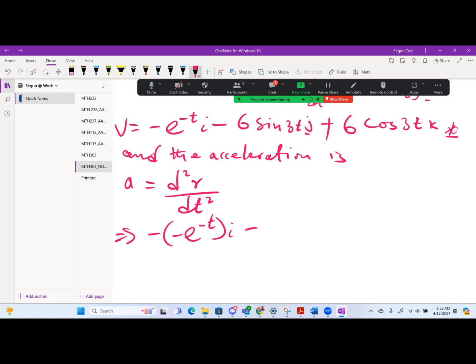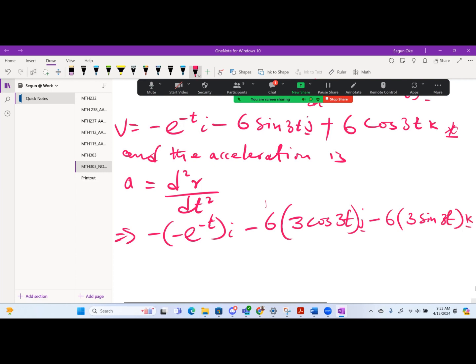It will be 3 cos 3t, making 3 multiplied by 6 give you what? 18, but I can do it this way, 6 in bracket, 3 cos 3t j, then minus 6 in bracket, 3 sine 3t k. So if you open this bracket, our a will be minus times minus e raised to power minus t i, minus this one will be what?